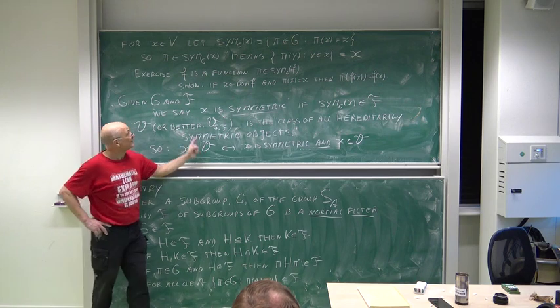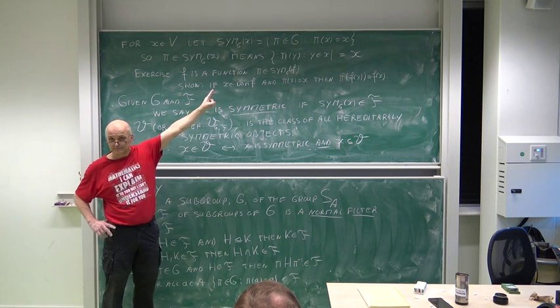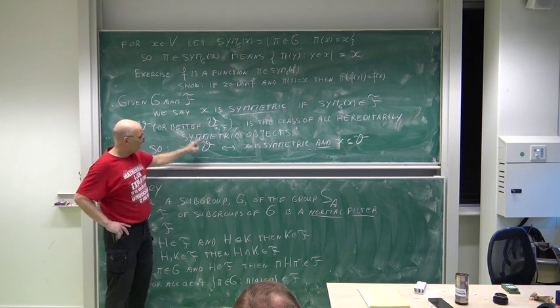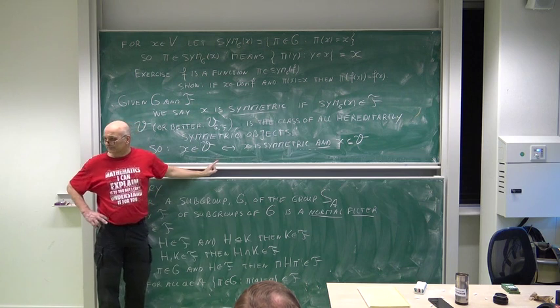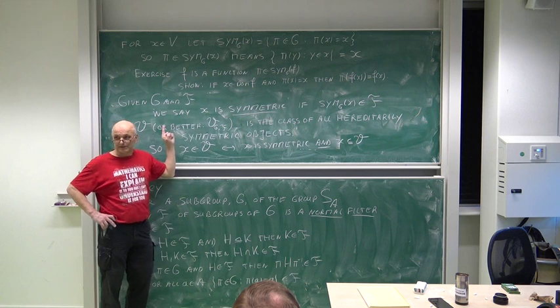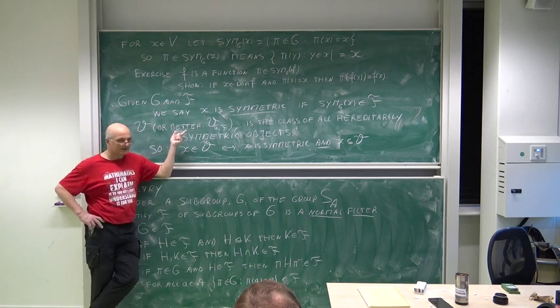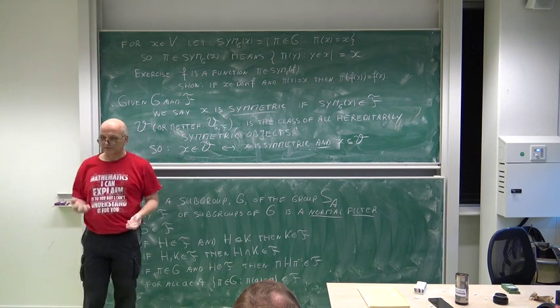Why? Because its symmetry group is the whole of G, and all its members are symmetric. The empty set is symmetric and hereditarily symmetric because its symmetry group is everything.